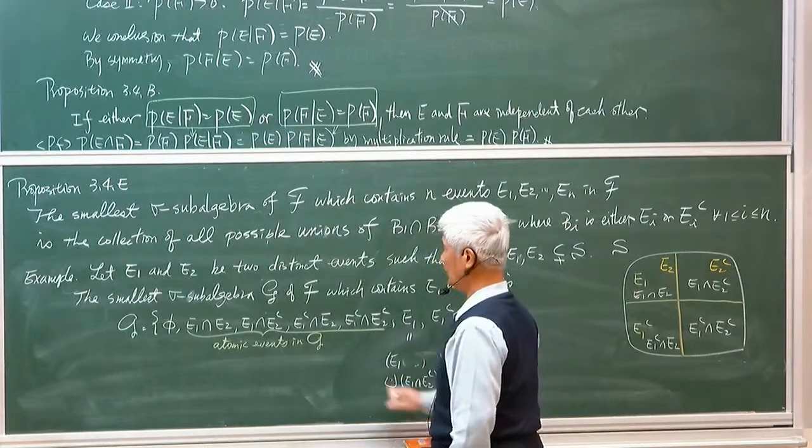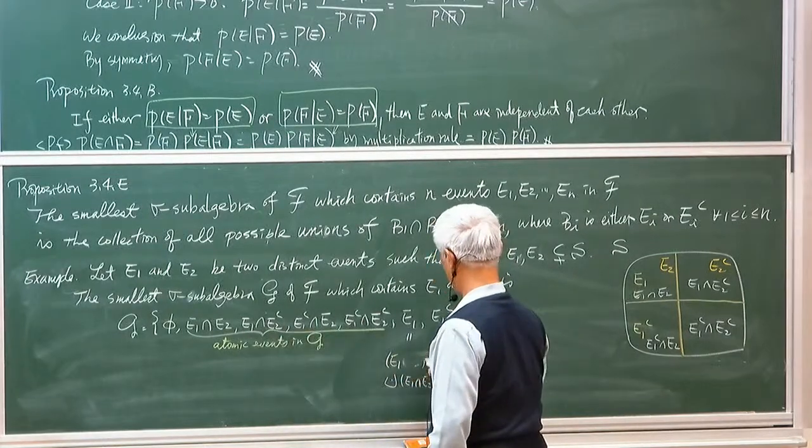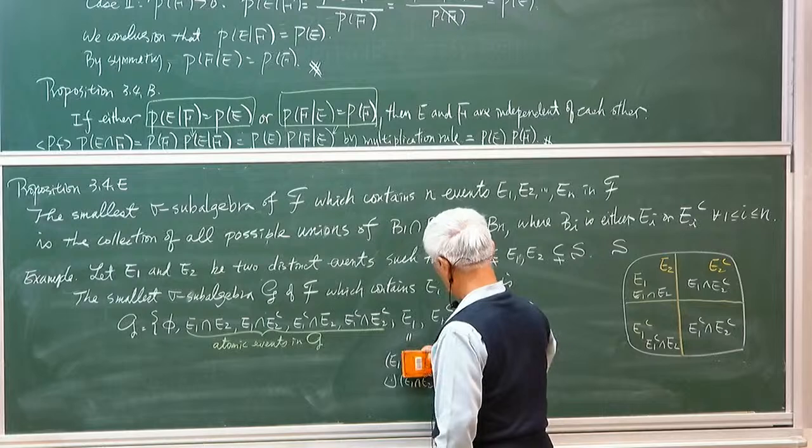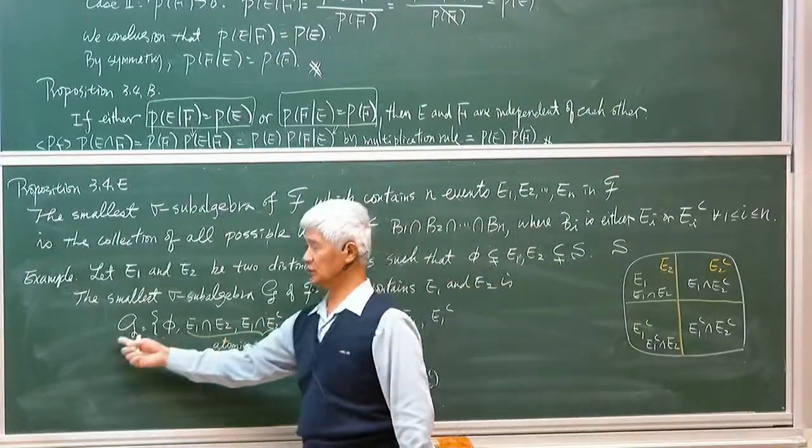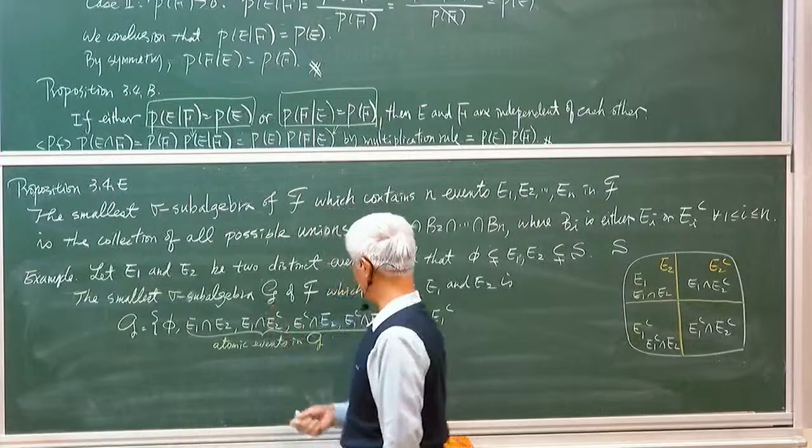These four atomic events will be the building block of G.